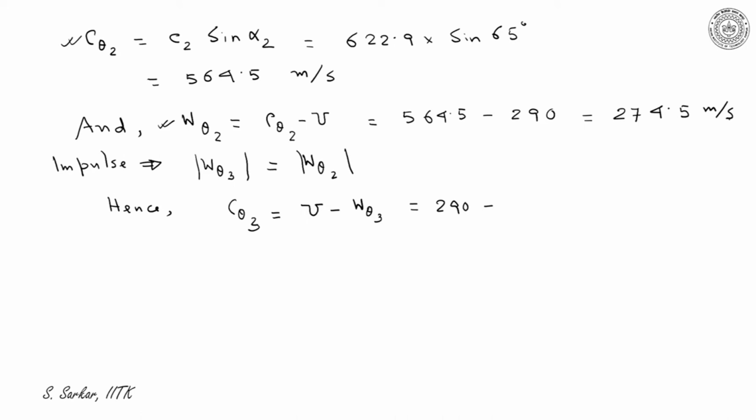What is the value of W theta 3? That is 274.5. And after evaluating, I have got 15.5 meter per second. Please note that C theta 3 is positive.